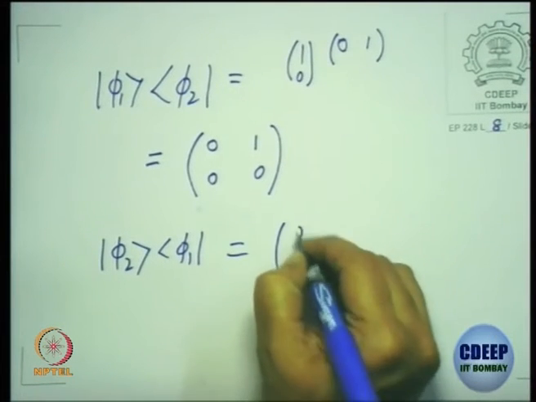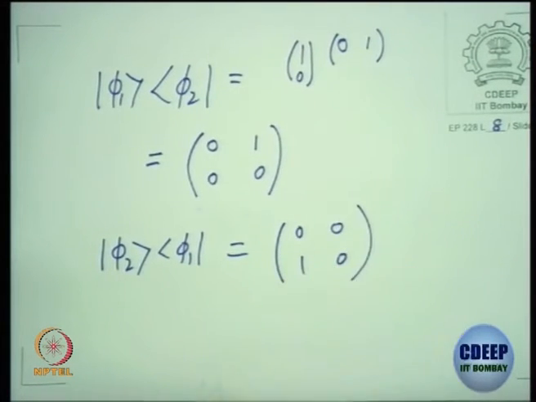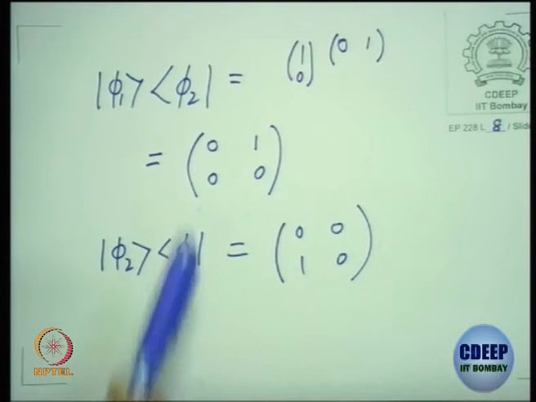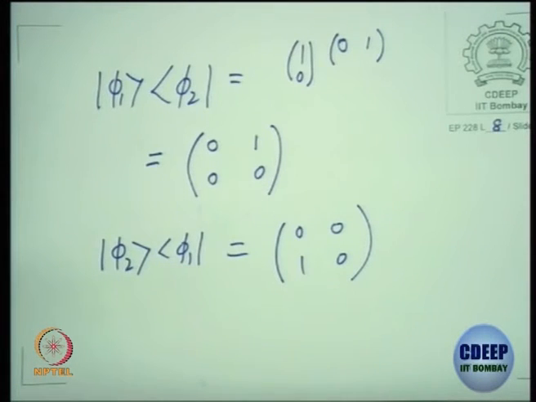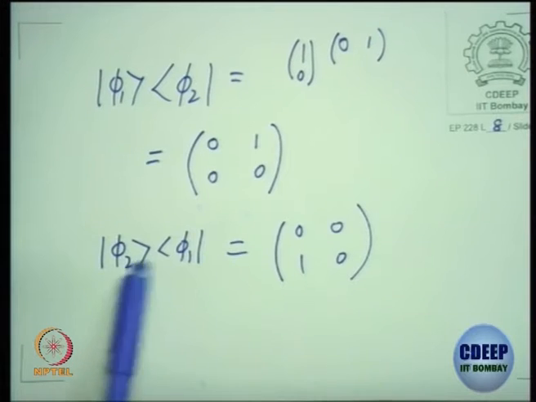It is 0 0 1 0. So, what have I tried to do? I have tried to show that the 4 possibilities of outer product which I can write for the 2 basis states in a 2-dimensional vector space can be given as 2 cross 2 matrices with only one entry which is non-zero. This appears like the 1-2 element which is non-zero. This appears like the 2-1 element which is non-zero.